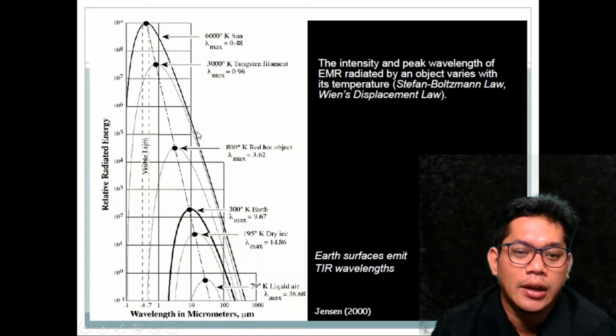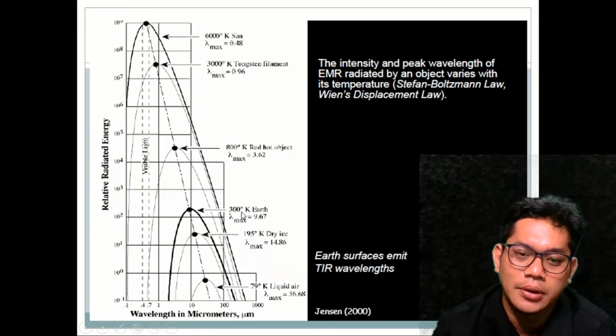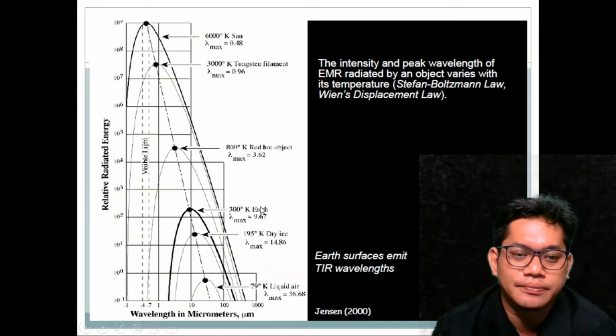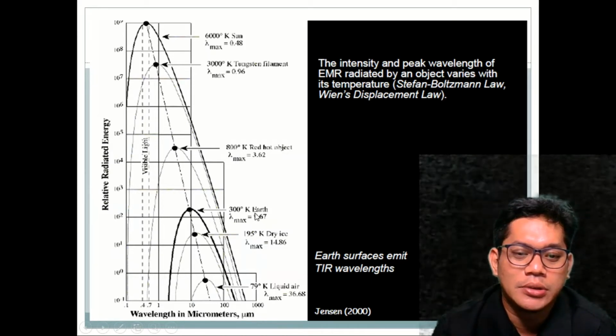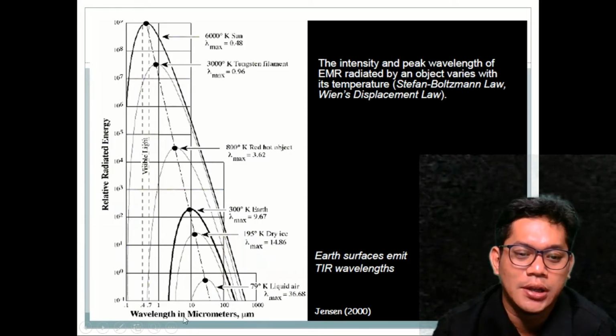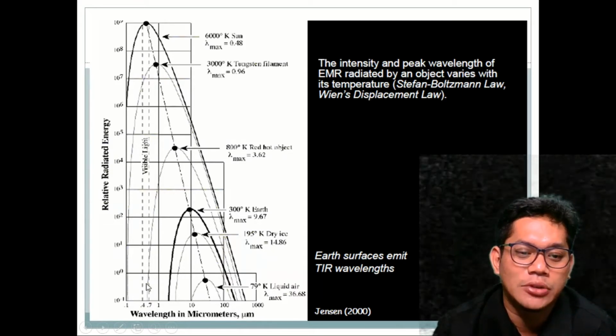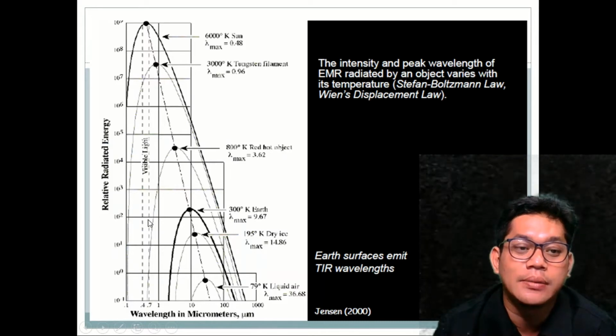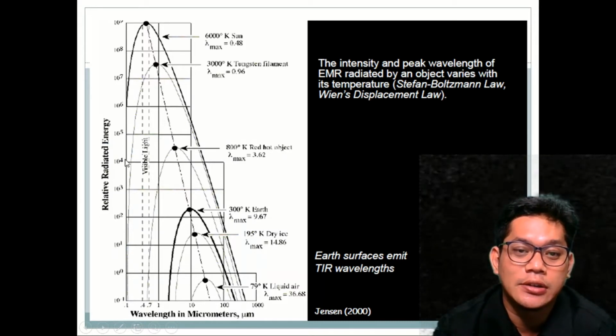The Earth produces about 300 Kelvin, which is about 30-something Celsius, with a lambda maximum of 9.67 micrometers. Even liquids have their own energy being produced, and this energy, based on the wavelength, is able to be detected by remote sensing as it radiates.